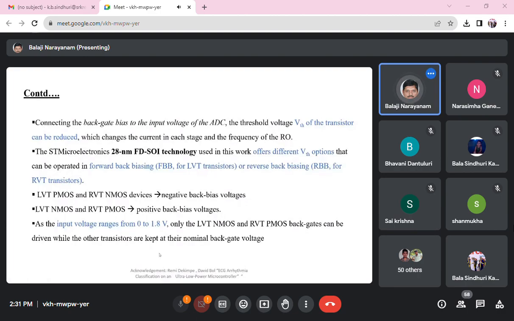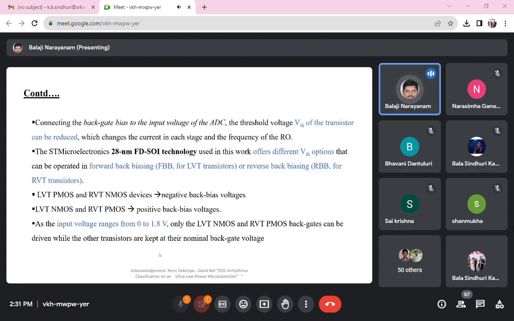They also apply the input voltage of the ADC to the back gate bias. The threshold voltage of the transistor, VTH, can be reduced, which changes the current in each stage and the frequency of the ring oscillator.